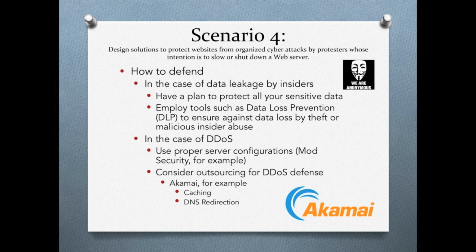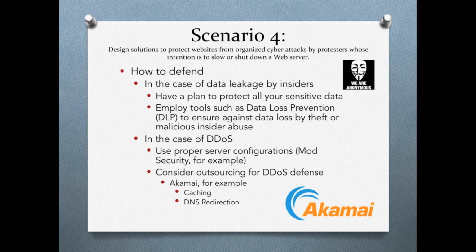Another thing they do is DNS redirection. So in the case that you are beginning to get flooded with traffic, and let's say you have several different data centers. You've got a data center here in Murray, you've got a data center in Oregon, you've got a data center in Switzerland. What Akamai can do is redirect requests to different data centers or different physical locations that all serve the same data.